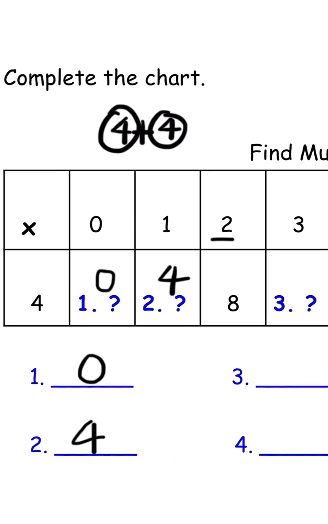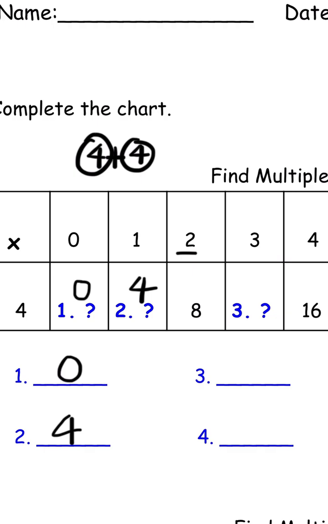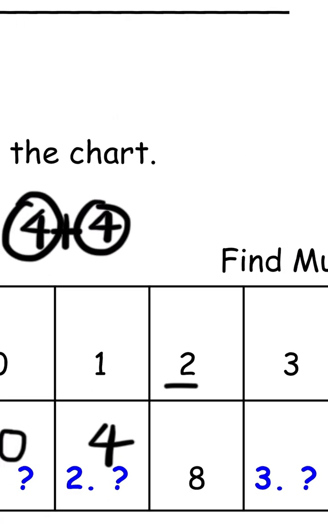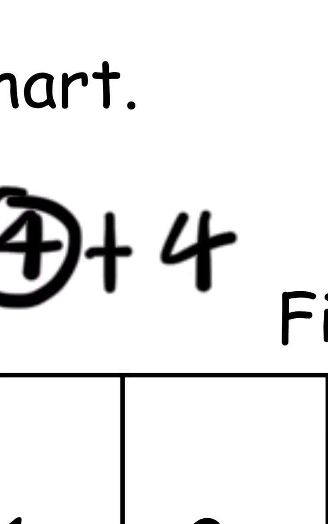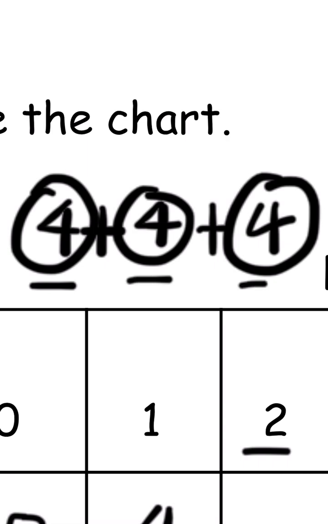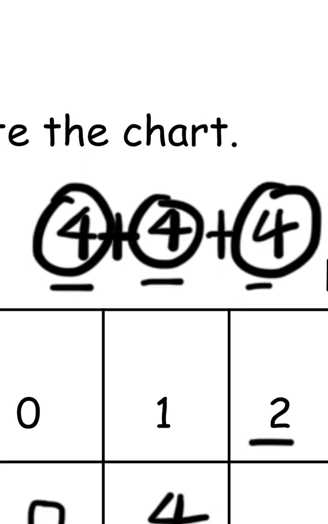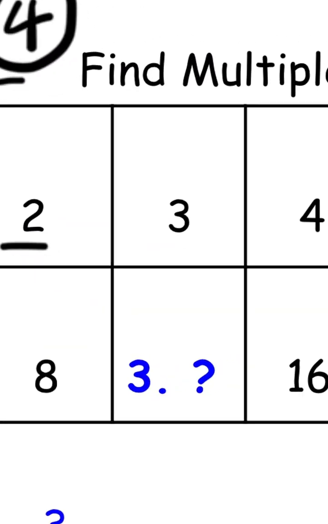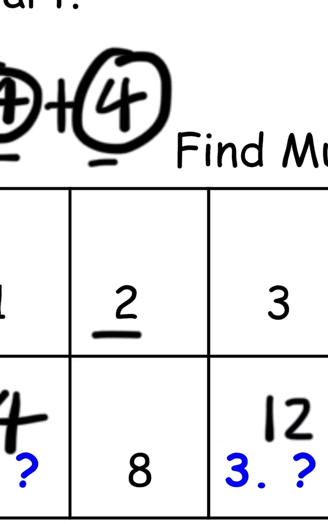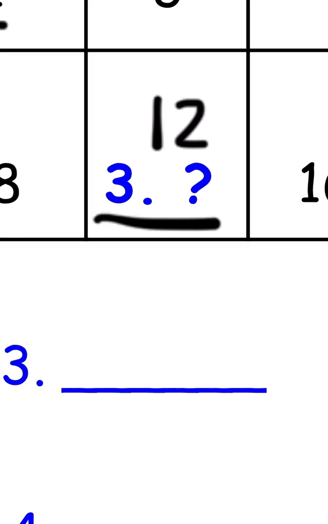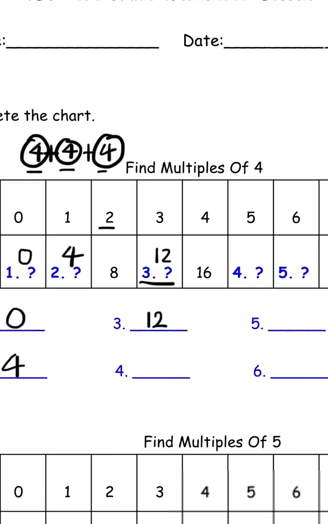And then next one is going to be 4 times 3. That simply means there is one more 4, because there are 1, 2, and 3 packs of 4. So there are 3 groups of 4, which means it's going to be 12, because if we add 3 4s, then it's going to be 12. So this was number 3, so we need to write 12 for number 3.